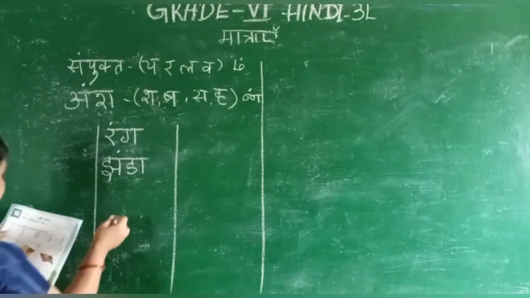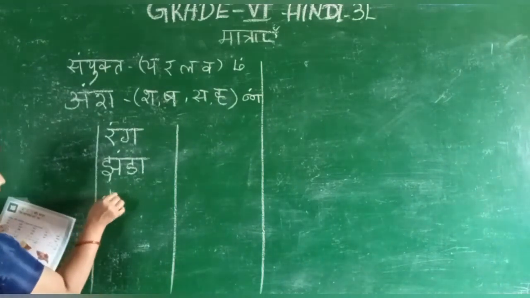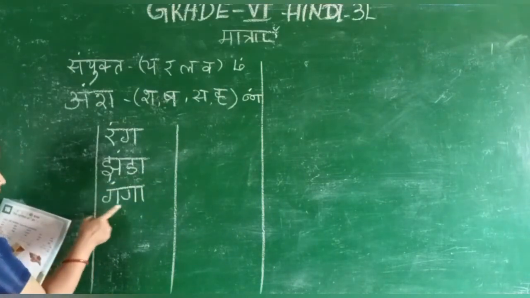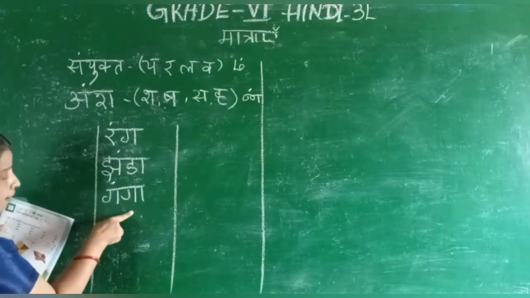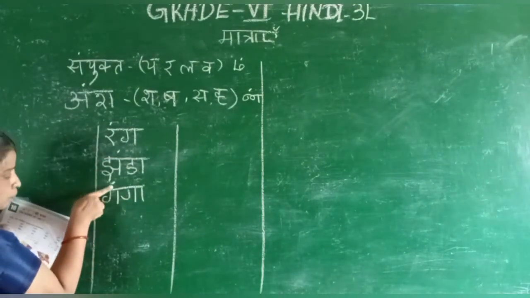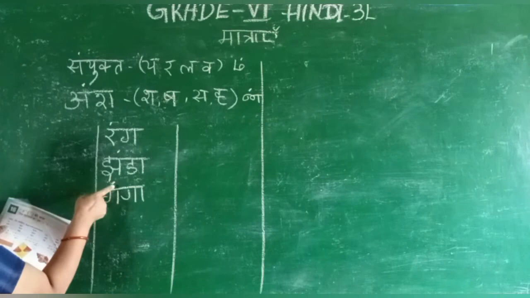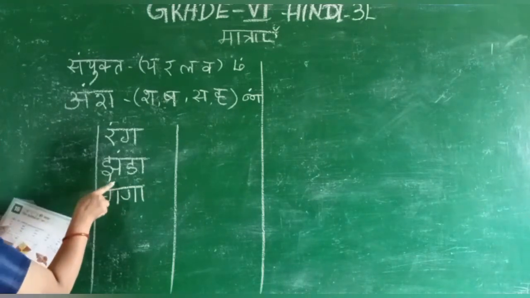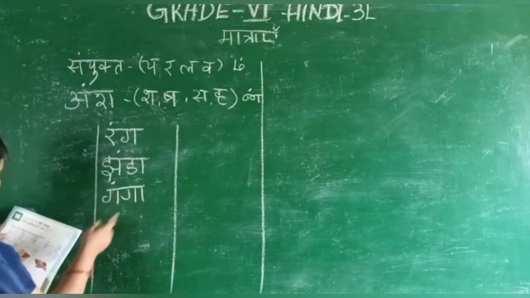And next, ga. After the dot, which letter? Ga, the same ka varga. So the sound of the bindu letter, the dotted letter, how to pronounce? Ing, ga, ing, ga, ganga.